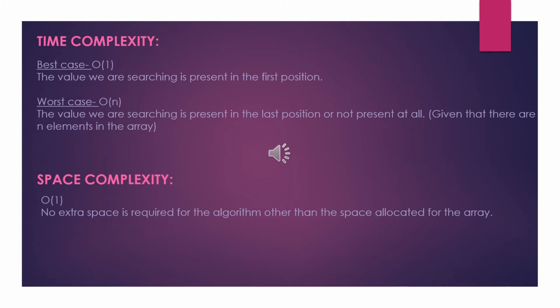In that case, the complexity is big O of n, given that there are n elements present in the array. Talking about space complexity, linear search doesn't take any extra space apart from the space allocated for the array. Hence the space complexity is big O of 1.